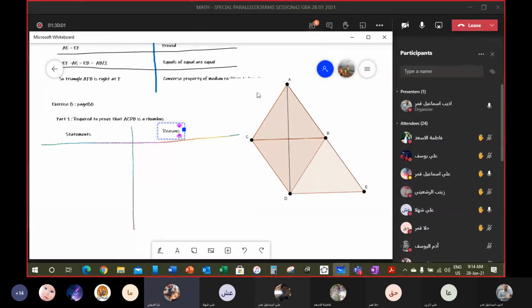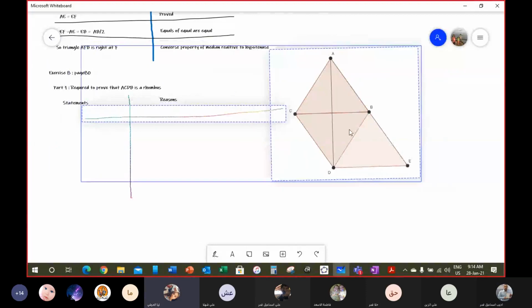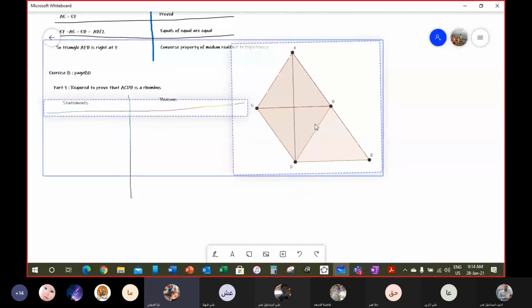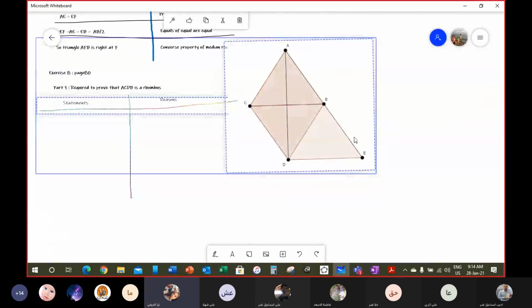D is the symmetric of A with respect to BC, then AD cuts BC in its midpoint and perpendicular to it.